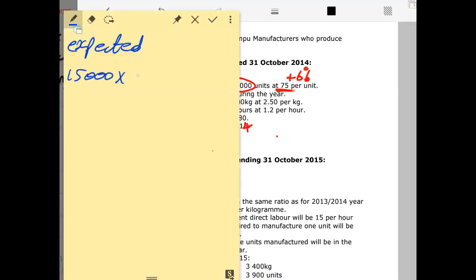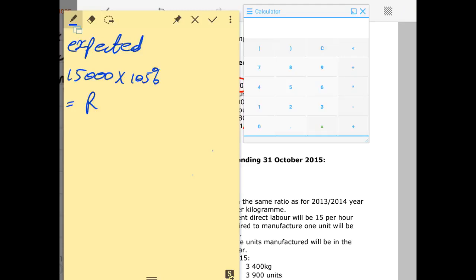Then we multiply that by 105%. Therefore 105% will give us the amount of sales. We say 15,000 multiplied by 105 divided by 100.